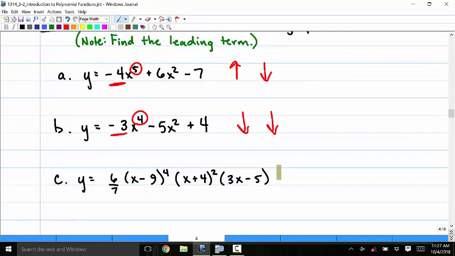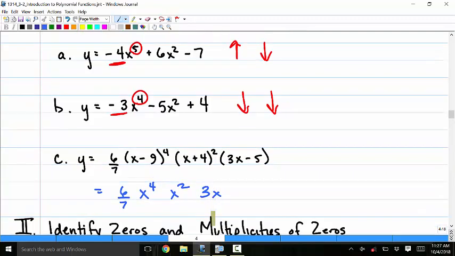C. Ooh. Gave it to you in factored form. What's the leading coefficient? What's it going to look like? You're going to have a 6/7 x to the 4th, an x squared, and a 3x. Do you agree? What is that? An 18 over 7 x to the 7th?